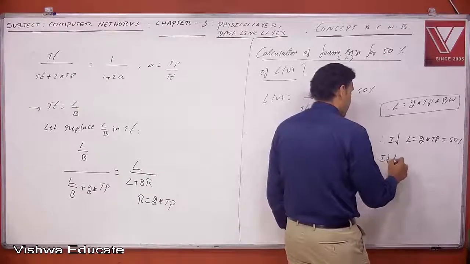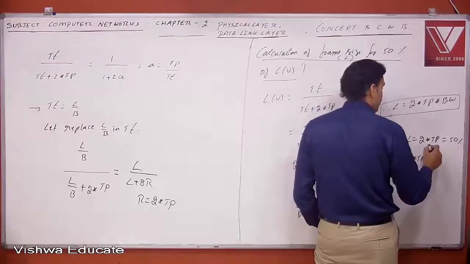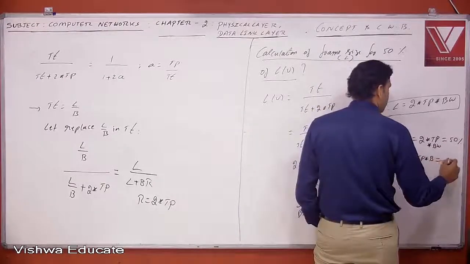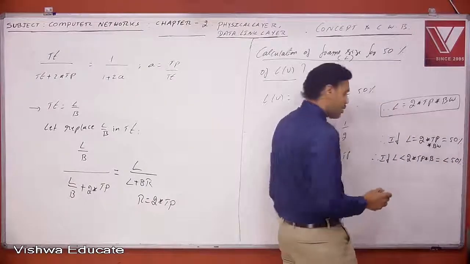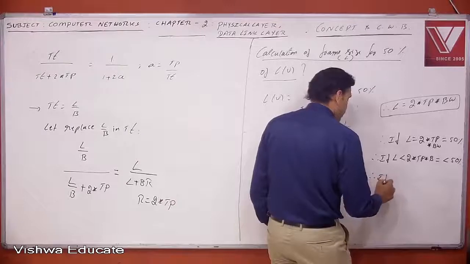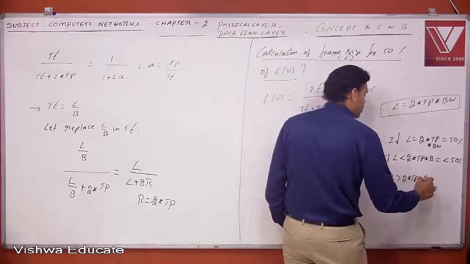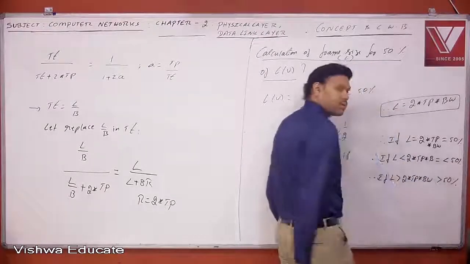If L is less than 2 into Tp into bandwidth, then your efficiency is less than 50%. If L is greater than 2 into Tp into bandwidth, then your efficiency is greater than 50%.